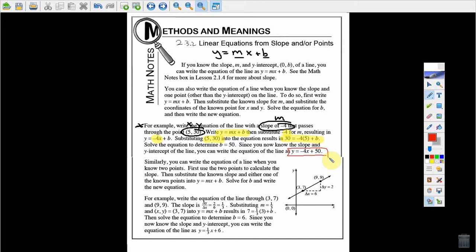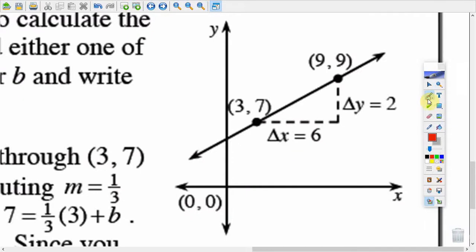So, for example, write the equation of a line that goes through (3, 7) and (9, 9). Let's do that down here. They've gone and graphed it for you. Here's (3, 7). Here's (9, 9). Looks like GG when I do it by hand here.